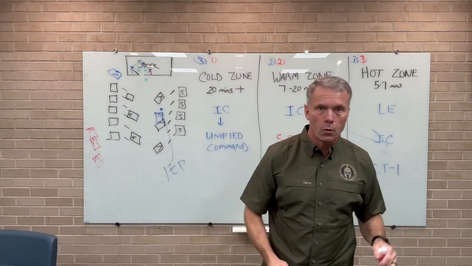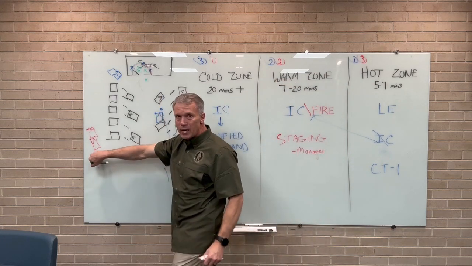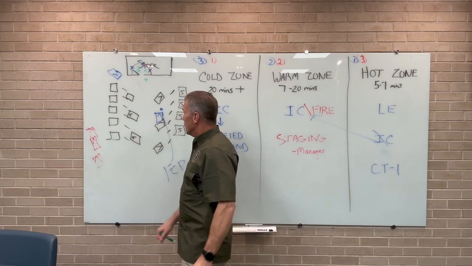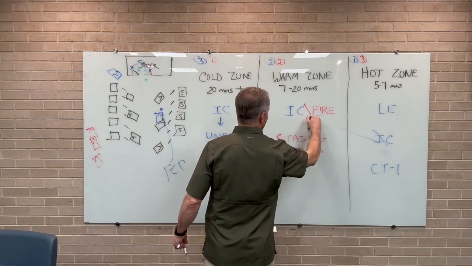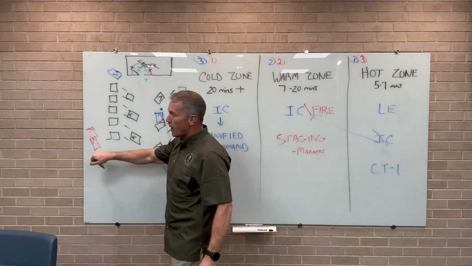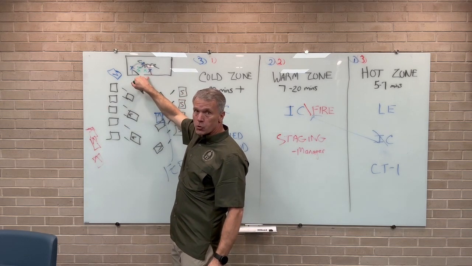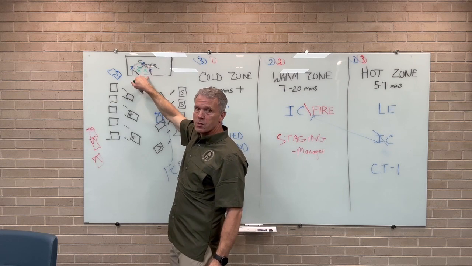We want DPS, we want the sheriff's office, we want constables, whatever. We want them to deploy to staging. Very important. So you're working with your fire liaison, you're directing all additional responders out here to staging. Otherwise, you'll have an over-convergence of first responders in your crisis site, and that is not what we want.